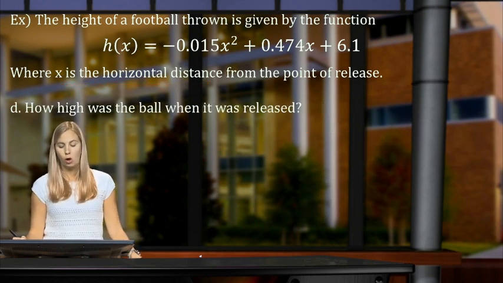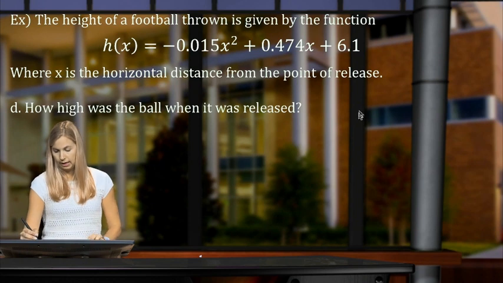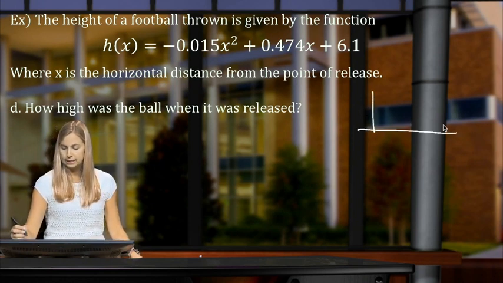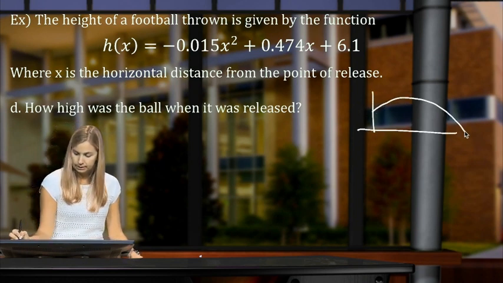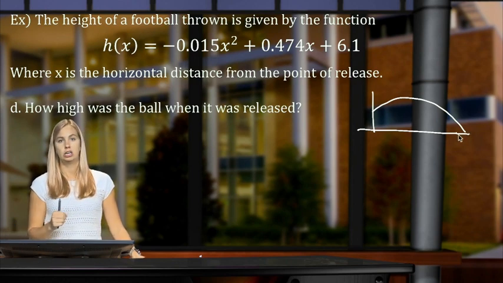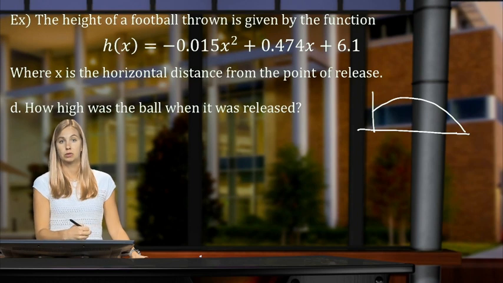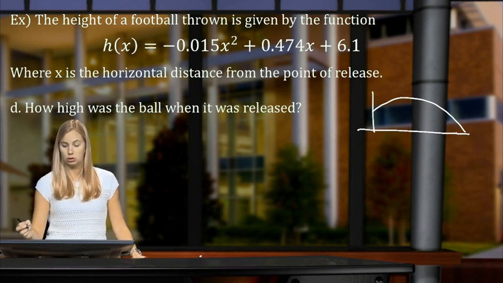How high was the ball when it was released? Again, think about that graph that we sketched that represents the function. We want to know how high the ball was when it was released. Well, how far away is the ball when it was released? Well, it's 0 feet or 0 whatever units away.